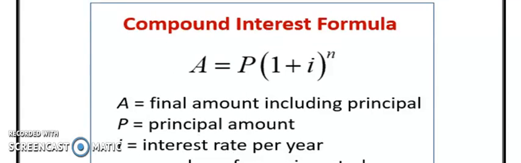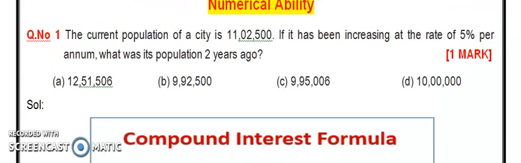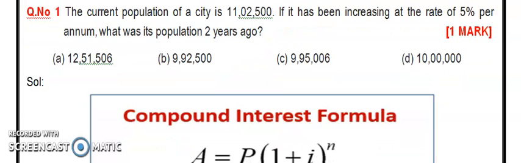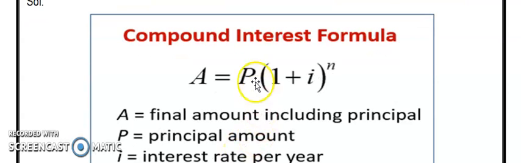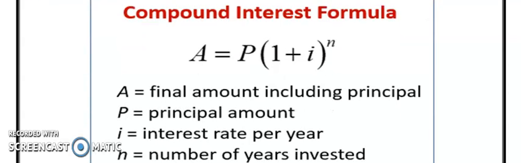Though the question is related to population, we should not be confused with amount and principal. We just need to substitute it. The current population we put as A, and the population 2 years back we put as P. Then we solve it to get the required answer.